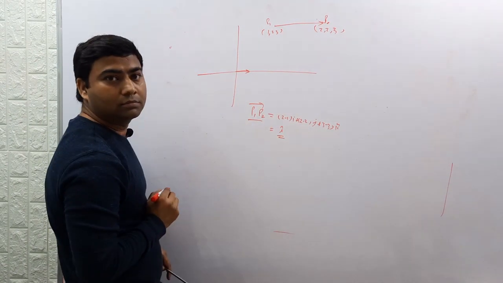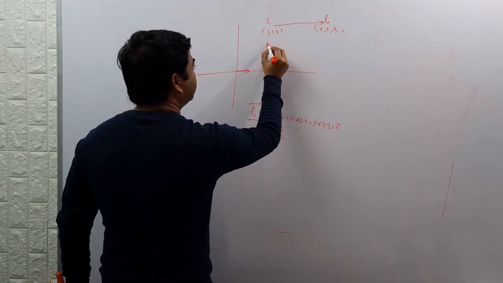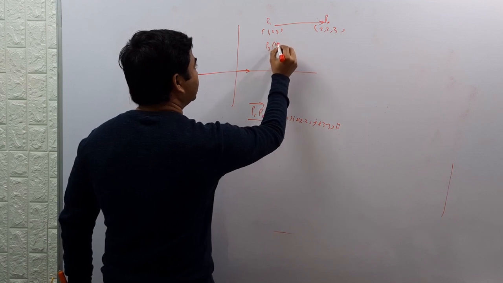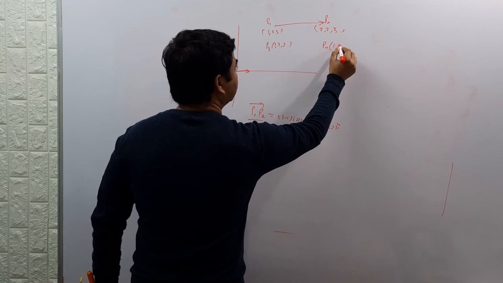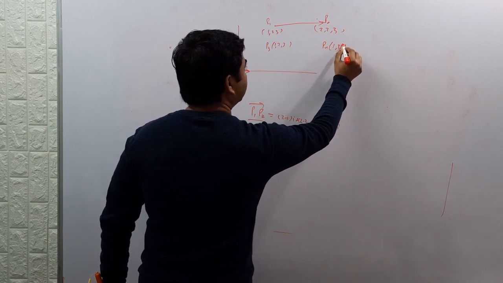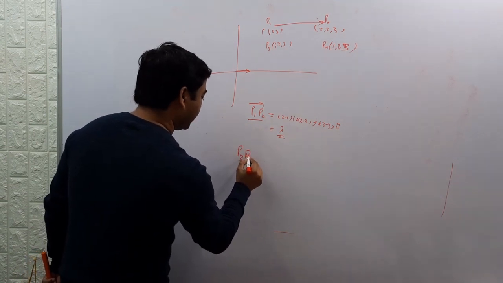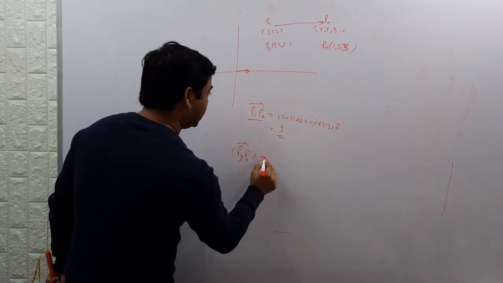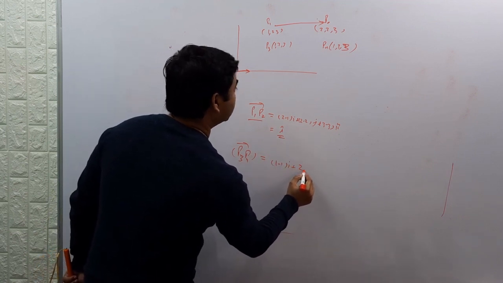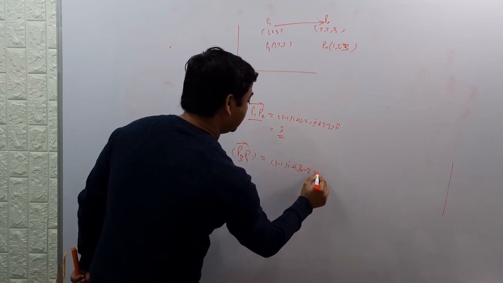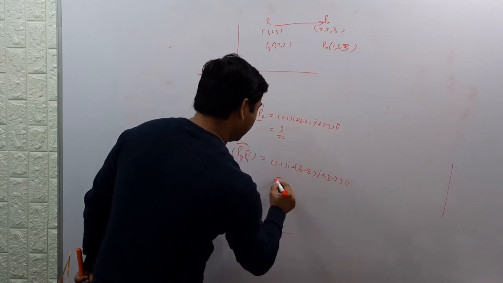Similarly, there is a point P3, which is (1, 2, 3), and this is P4, which is (1, 3, 3). So vector P3P4 is (1 minus 1) i plus (3 minus 2) j plus (3 minus 3) k, which is equal to j.